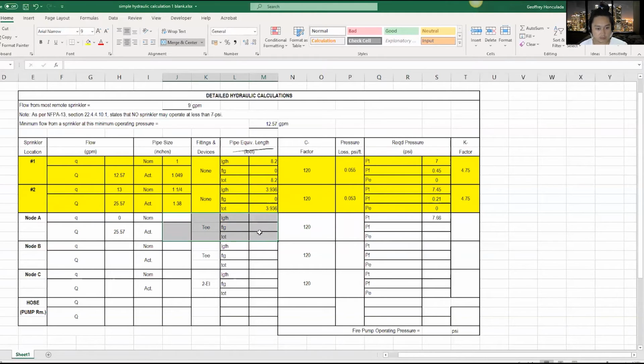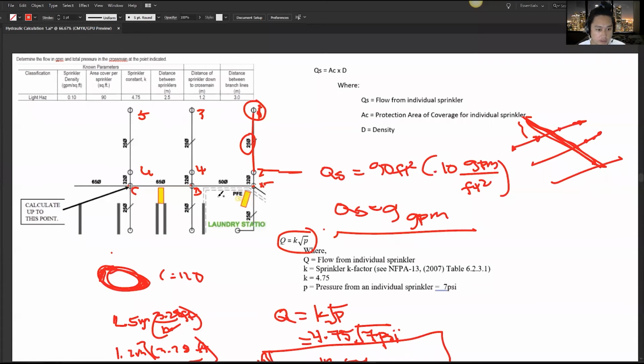The pipe size for node A, going back to the problem, is 50 mm. So that will be 2 inches.